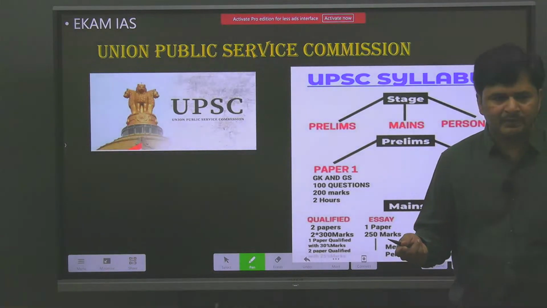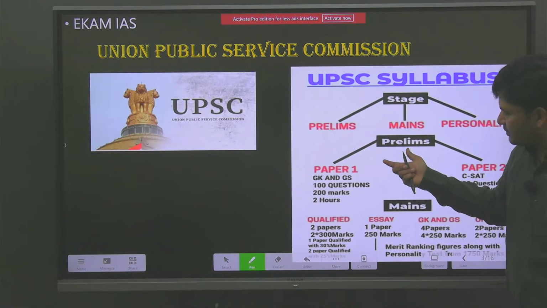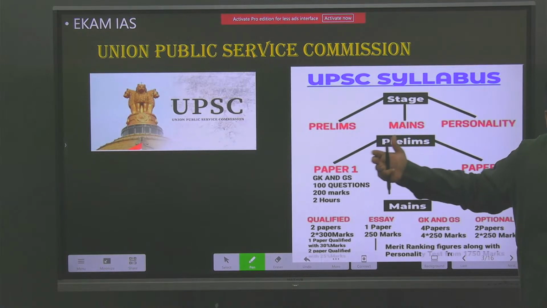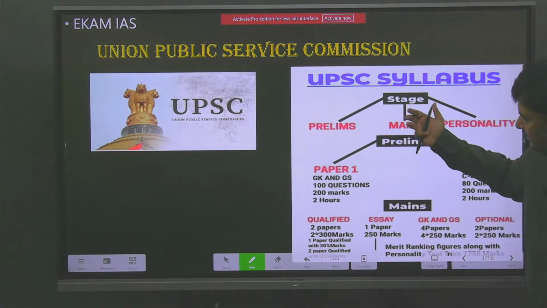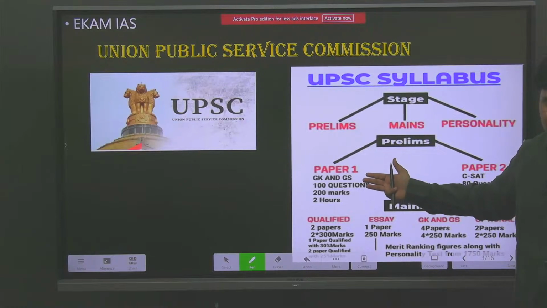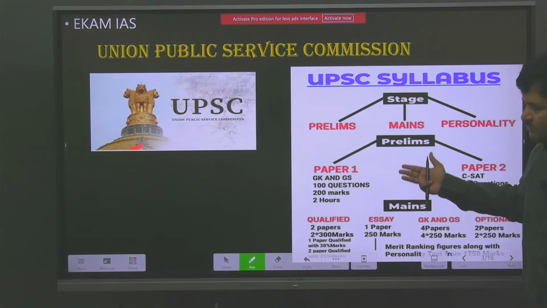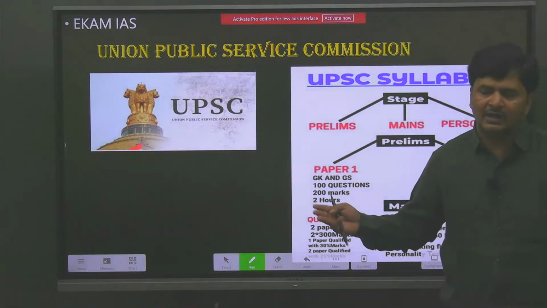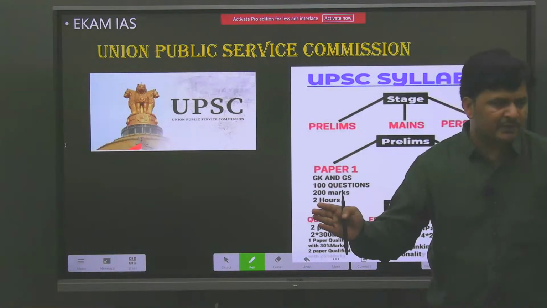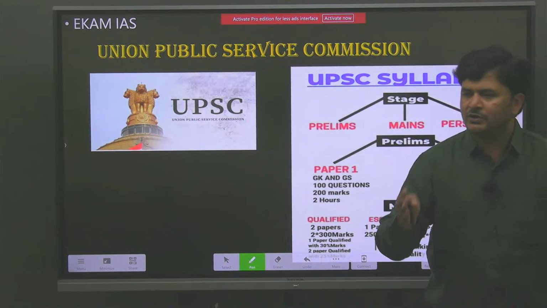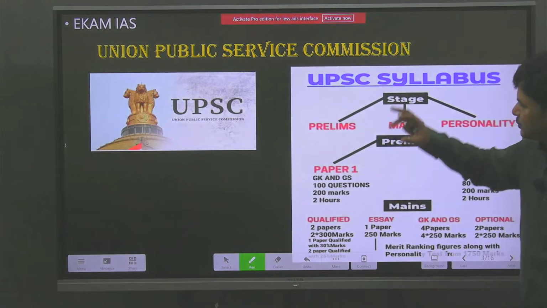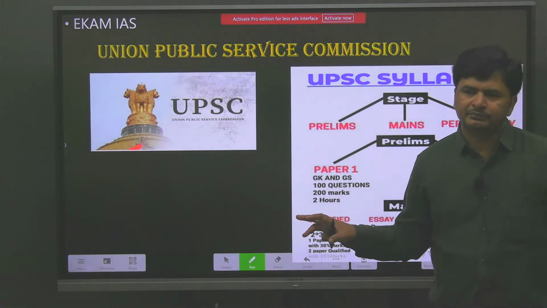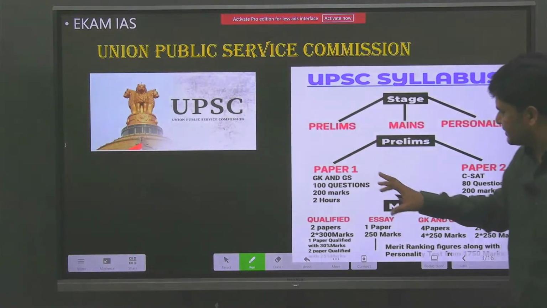We have six papers including the optional: the essay, followed by GS1, GS2, GS3, GS4, and optional paper one, and then optional paper two, the seventh paper. These papers are counted for merit. I'm just giving a glance.